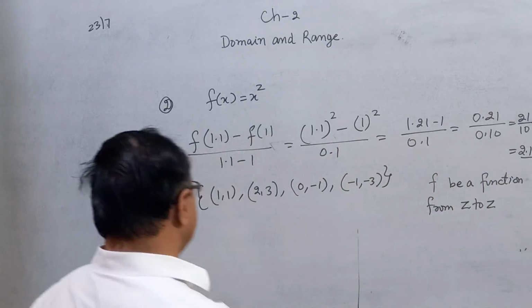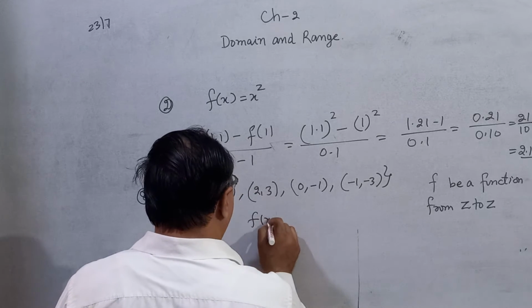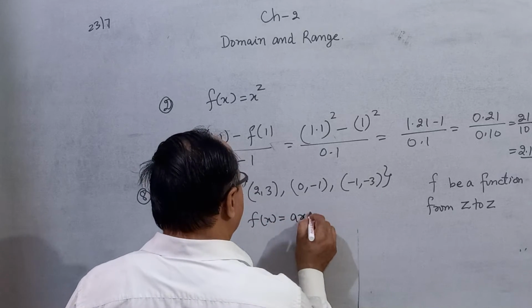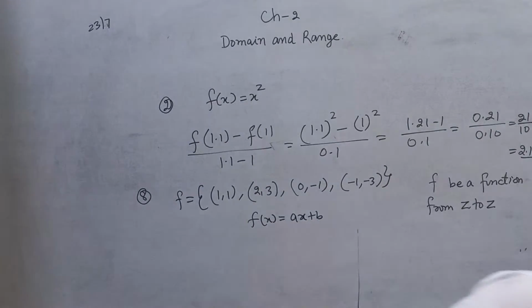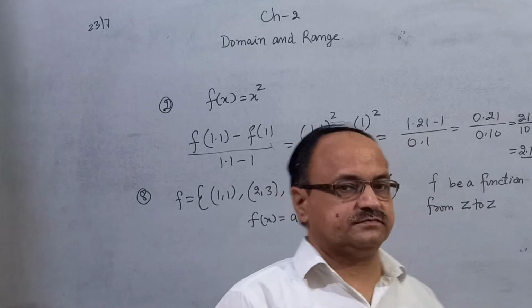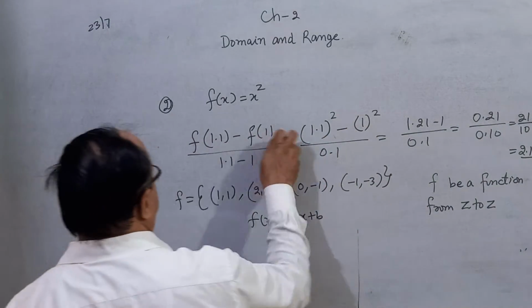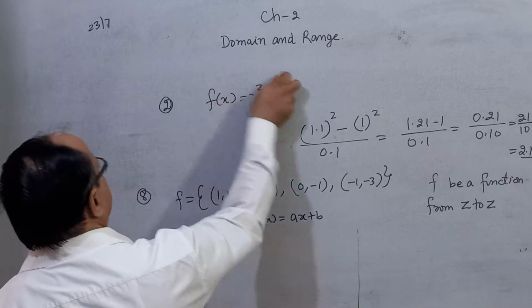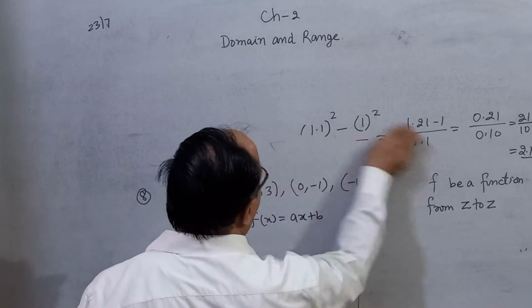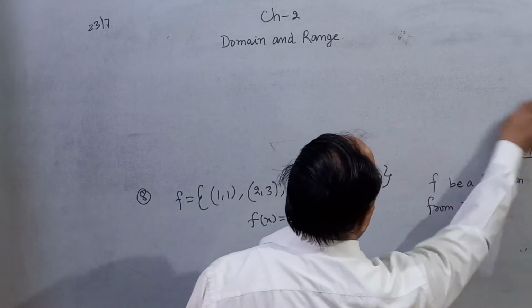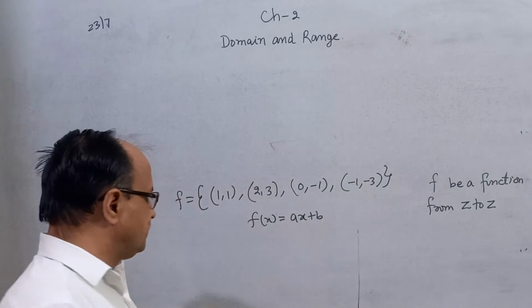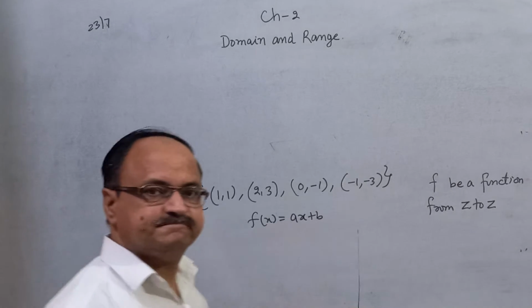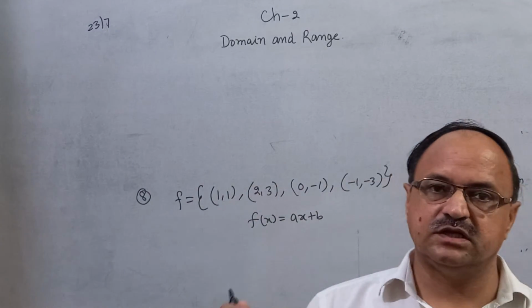The function is given as f of x is equal to ax plus b, for some integers a and b. Find the value of a and b. This is the question. You know that it is a linear function.